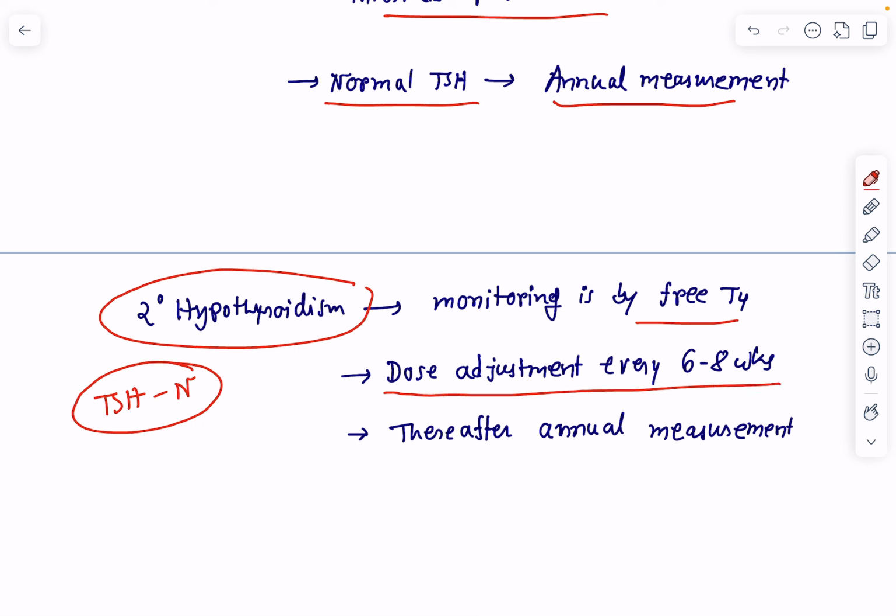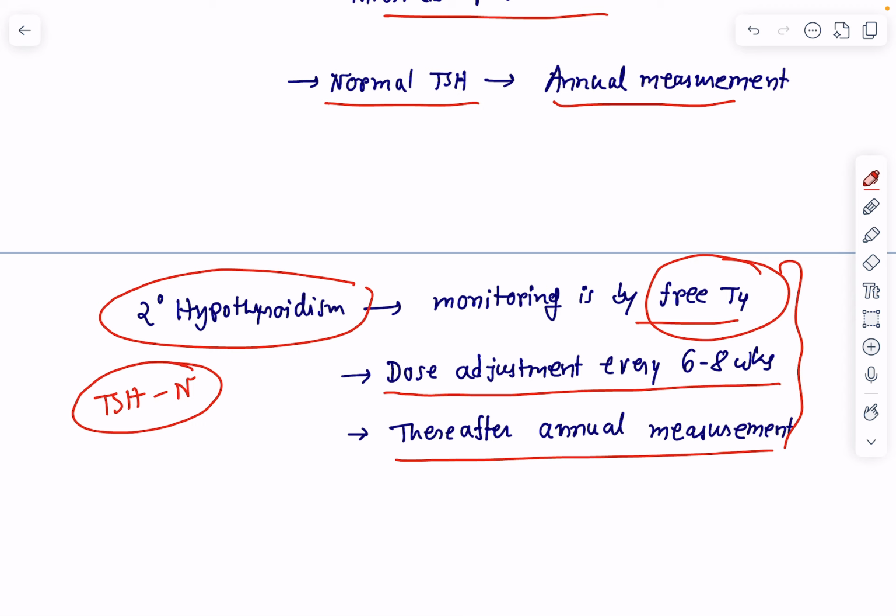And once everything has settled, free T4 is normal, thereafter we can do annual measurement of free T4. So this is how we should monitor for secondary hypothyroidism. For primary hypothyroidism, the monitoring should be done with TSH, and for secondary hypothyroidism, monitoring should be done with free T4.